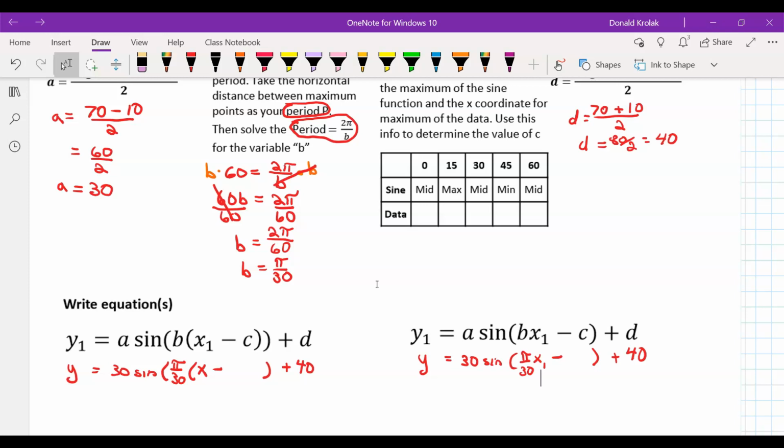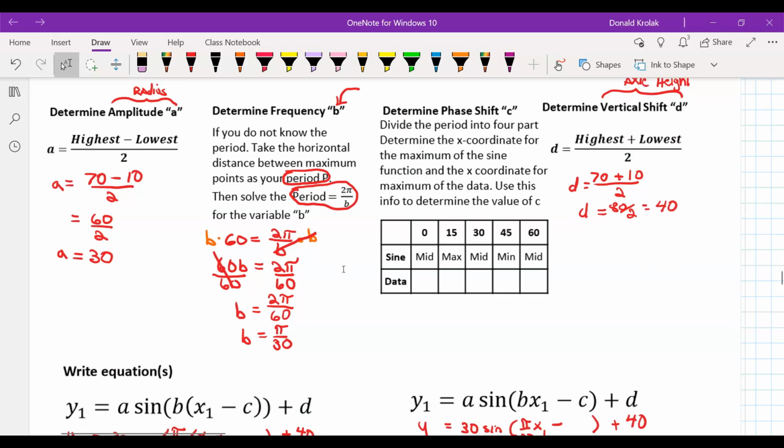Okay, so what you do to get this phase shift is a normal sine curve. Okay, so we divided the period into 4 parts. That's this right here. Okay, this is a normal sine curve. So on a normal sine curve, the first max occurs.